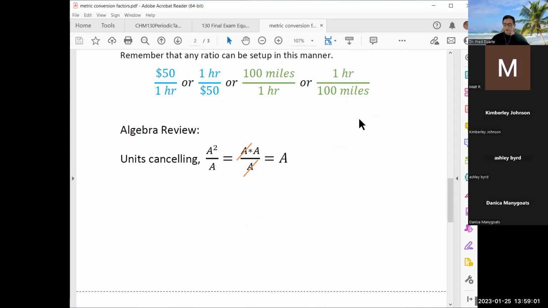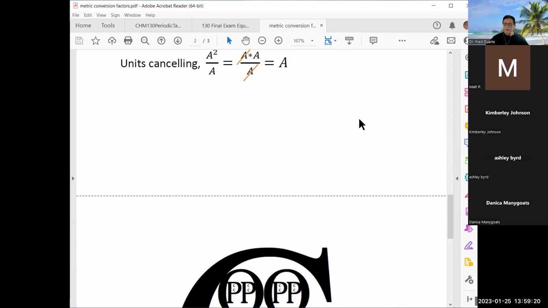Just a quick review on algebra. Just remember how units can cancel, like units can cancel. Refresh your memory on units and how they cancel or how they add if needed down the road, okay? Nothing complicated.